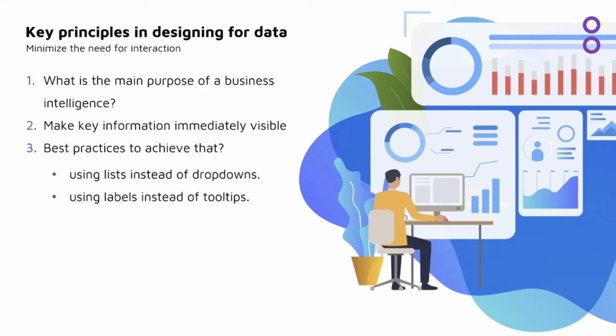So the main purpose of business intelligence is to quickly present the value of key measures. So the key information needs to be immediately visible, and some simple ways of doing it are to use lists instead of drop downs or labels instead of tooltips.